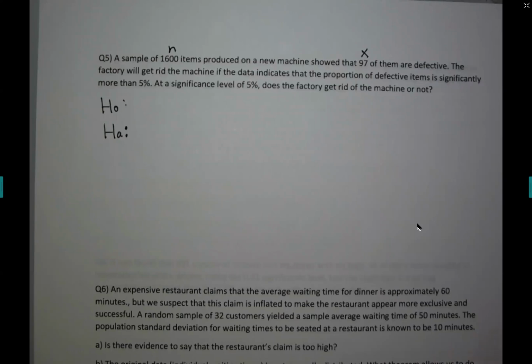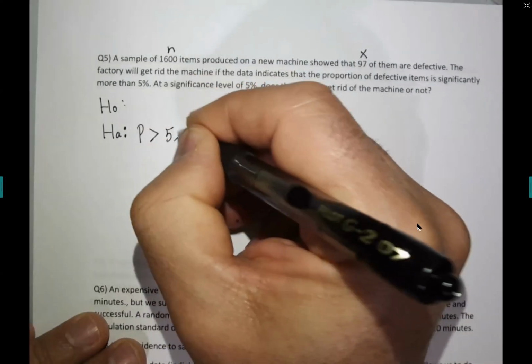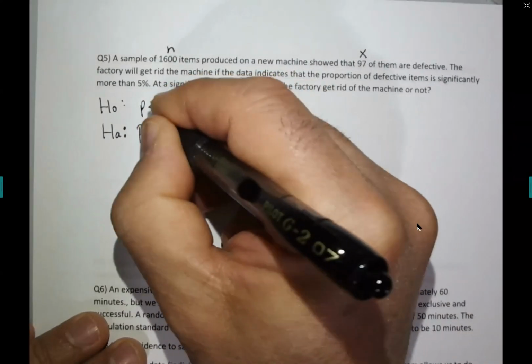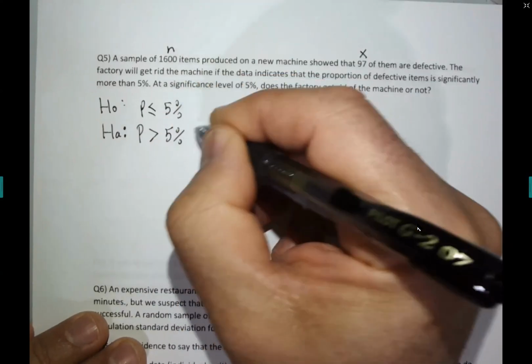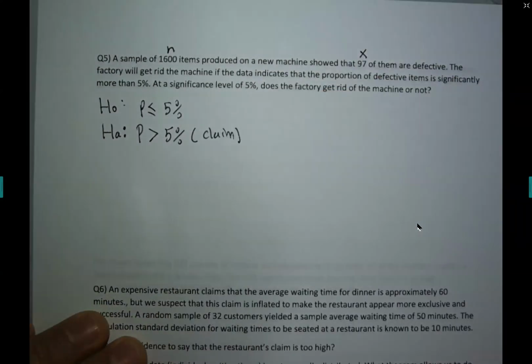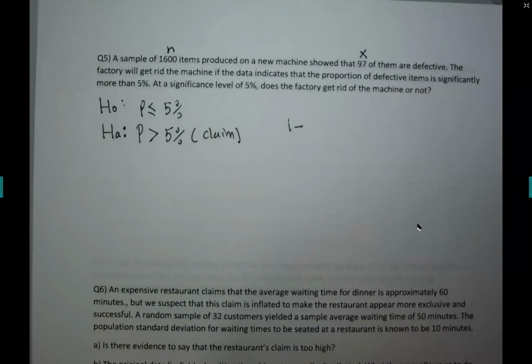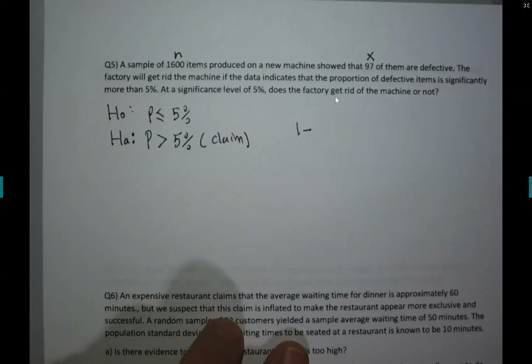What would be the null and the alternative here, guys? p is less than or equal to 5%. Exactly, and p greater than 5%, that's the claim. And what test do we use, guys, here? One proportion z-test.